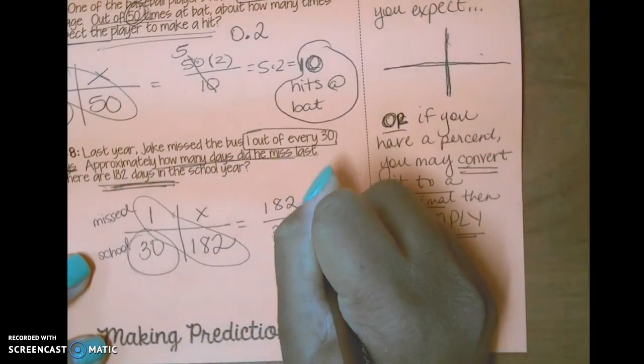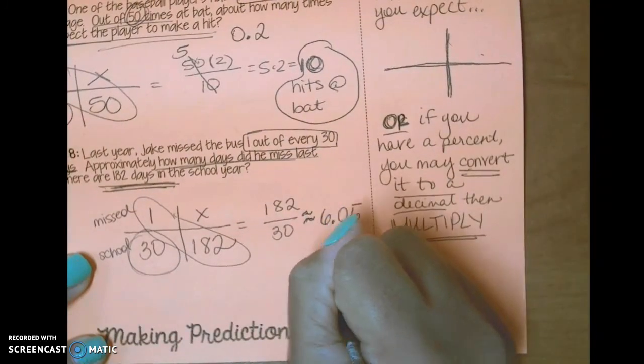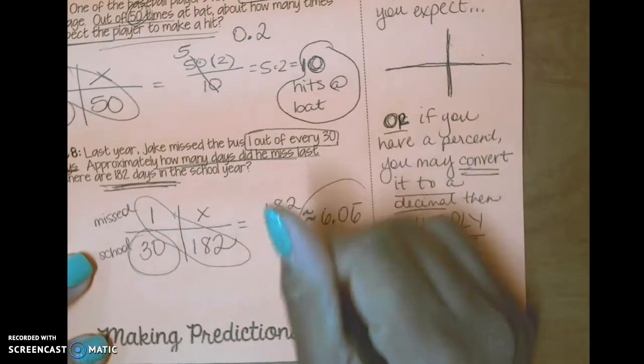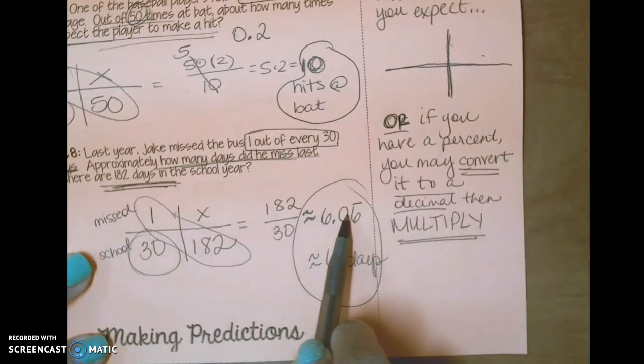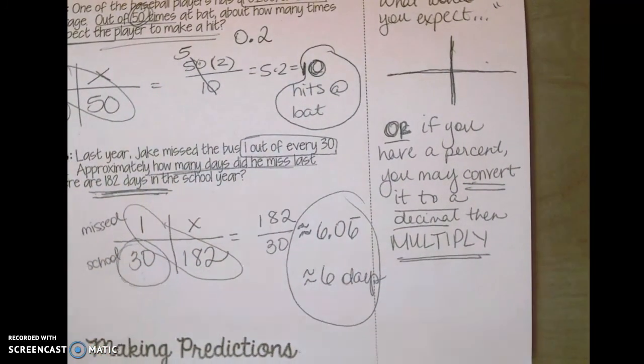This is approximate, so please make a squiggly equal sign. And I can say about 6 days. Either answer is correct. This one's just a little more accurate. Okay, these are your notes for today.